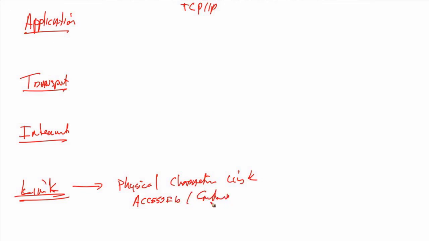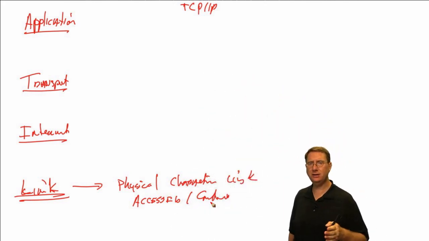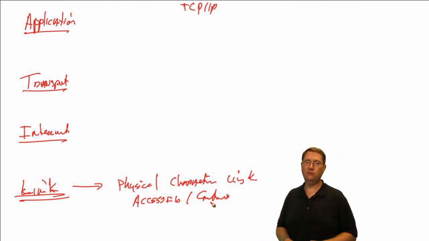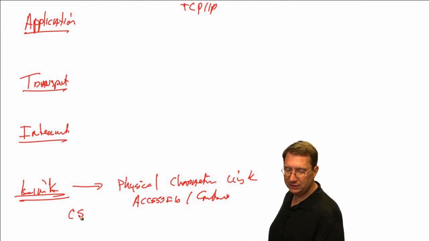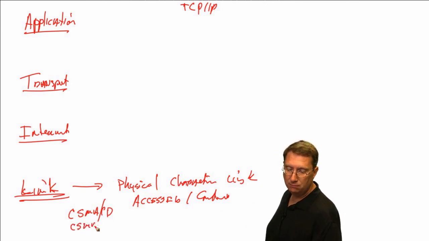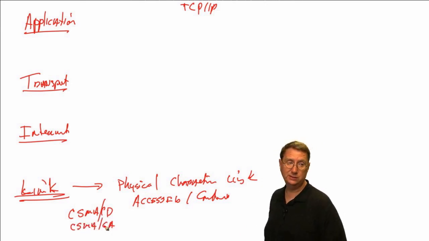Now, I want to delve into this just a little bit, because we have to understand that when we take devices and interconnect them on an Ethernet segment, as a general rule, back before we had these high-end switches that we're talking about right now, we used to have a problem, and that was only one device could talk at a time. And we had a technology referred to as carrier sense multiple access with collision detection, and we also had another one referred to as carrier sense multiple access with collision avoidance.